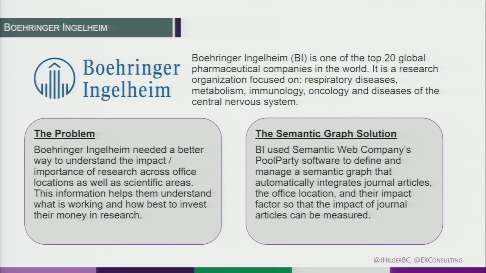And so what they did is they used PoolParty software to define a semantic graph that associated journal articles, divisions, impact assessments, which is an important measurement. I don't know if you're in the journal space, an impact assessment is a figure that's calculated based on how often your journal's cited.